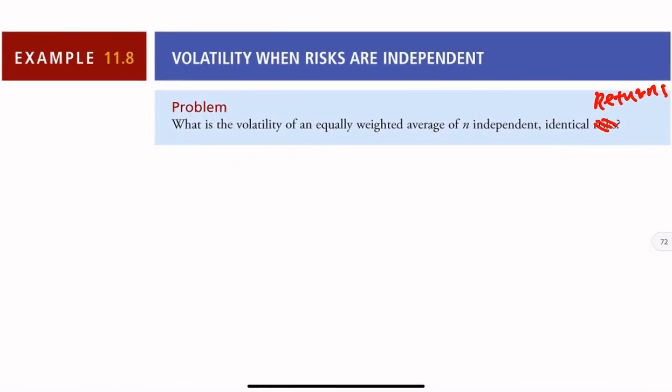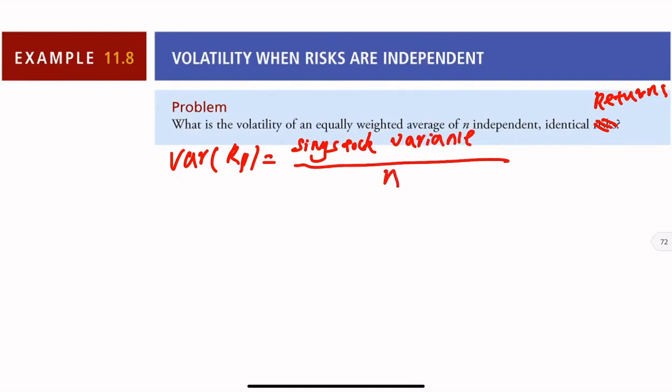So first we start from variance. Variance of RP equals a single stock variance divided by number of stocks.